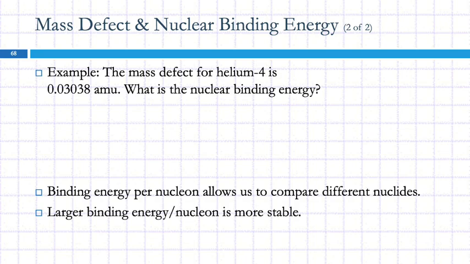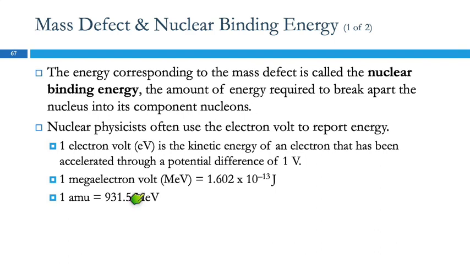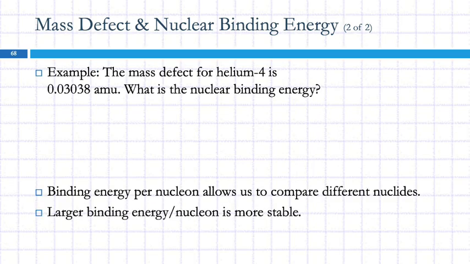So the mass defect for helium-4 is 0.03038 atomic mass units. So what is the nuclear binding energy? Well, we want to use this relationship right here, 931.5. So 1 AMU is 931.5 mega electron volts. So here's our mass defect.